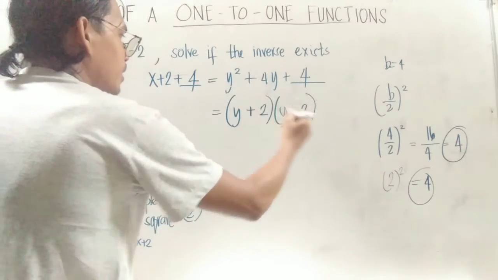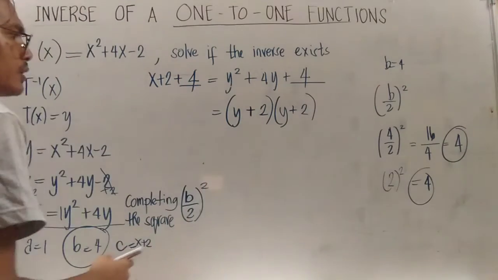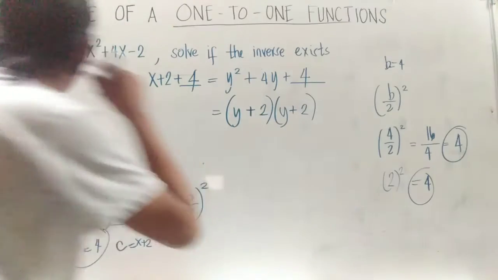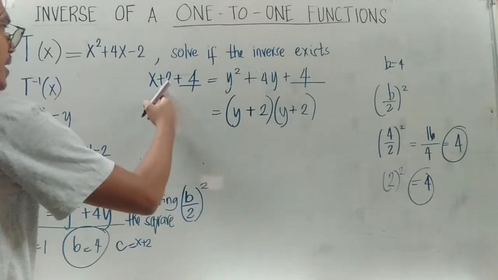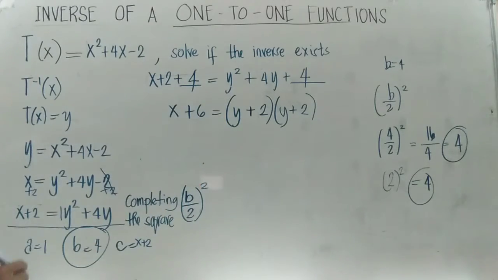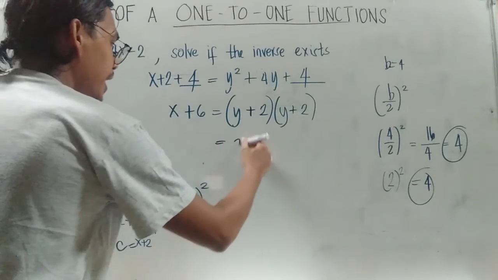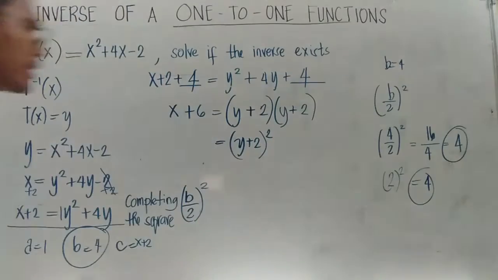And because all the terms are positive, you do not have to worry. Just use positive 2. Okay? Then copy x plus 2 plus 4, which is equal to x plus 6. Then we have y plus 2 quantity squared.